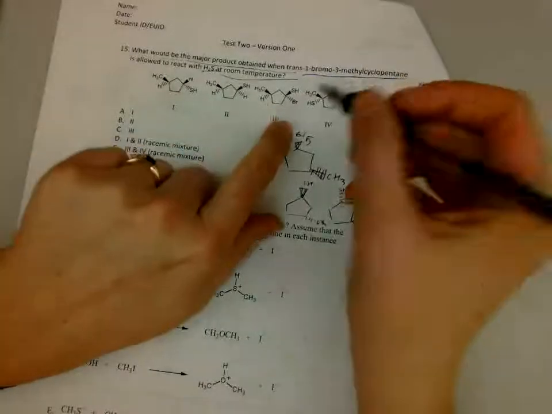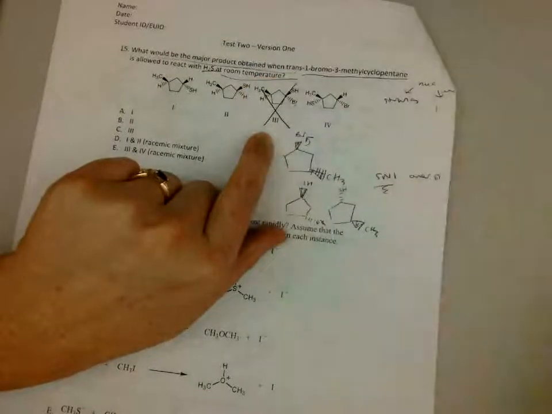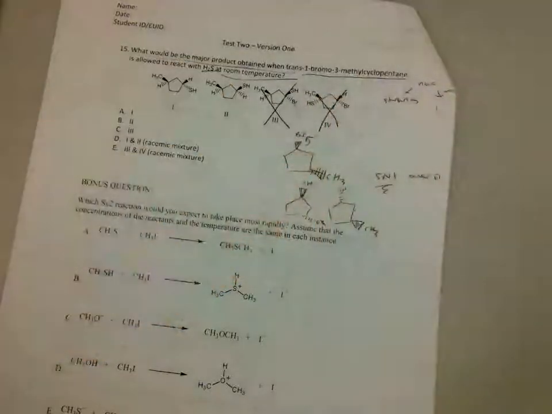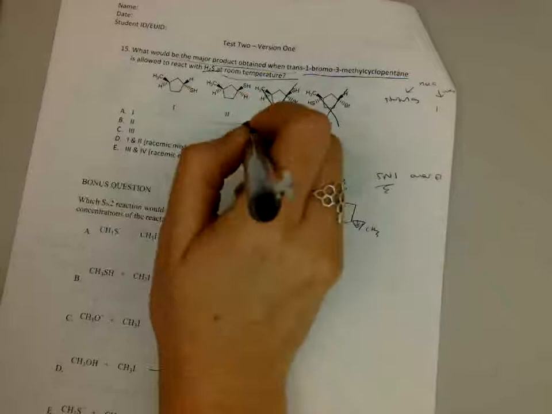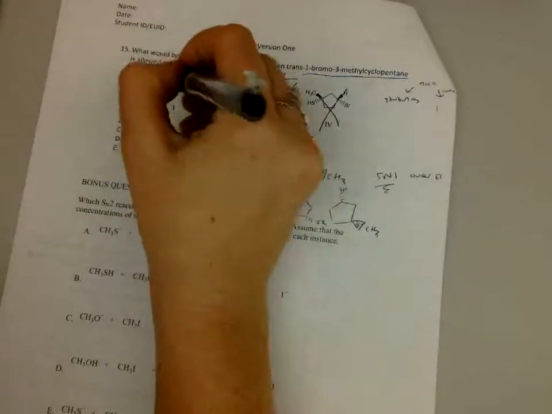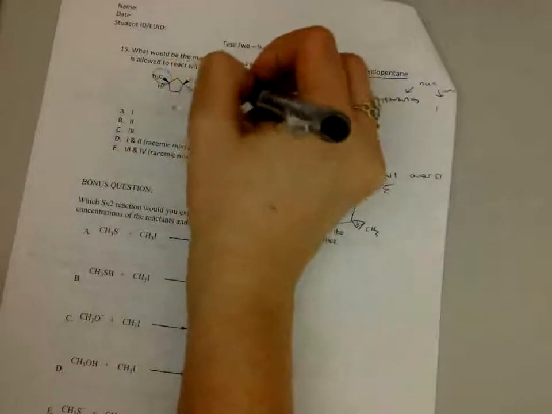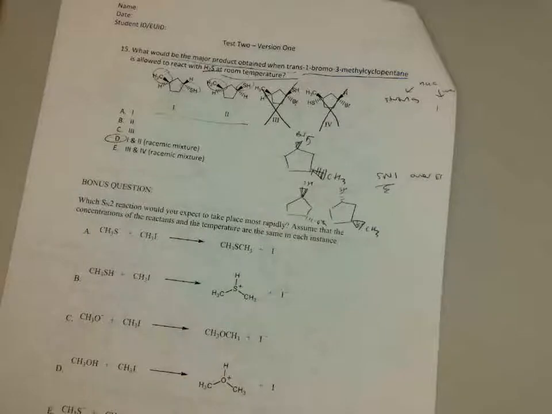So just looking at these, in this case, your SH and your bromine are both still there and your leaving group has to leave, so that's not right. And same thing with answer choice 4. Your bromine is still there, but your leaving group has to leave, so that's not right. So we're down to answer choices 1 and 2. CH3 and SH are on different carbons, and they're trans here, and they're cis here, so I think there'd be a racemic mixture of 1 and 2.